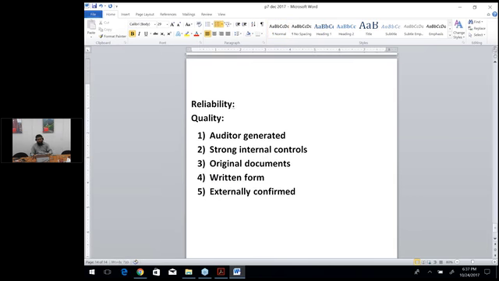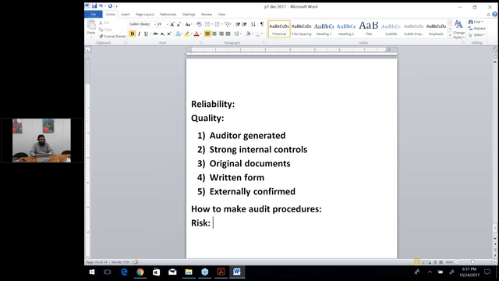Now, how do we actually make audit procedures? First of all, you need to understand that the audit procedure arises from the audit risk or the risk of material misstatement. So what exactly is the audit risk or the risk of material misstatement?